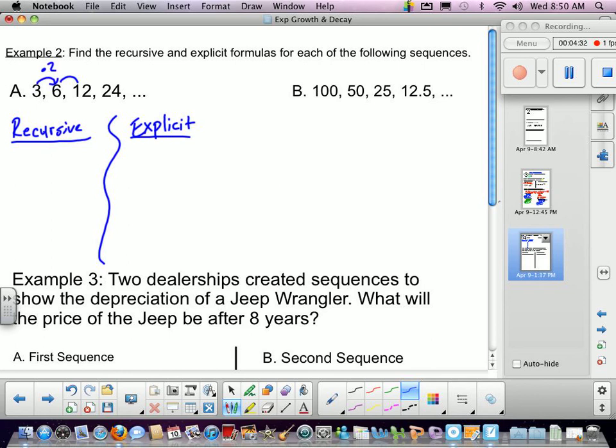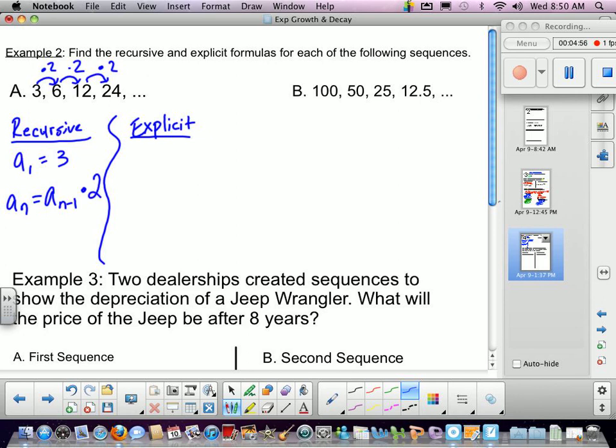Multiply by 2, multiply by 2, multiply by 2. So it is geometric. The starting value was 3. So my formula is going to be a sub n equals a sub n minus 1 times 2.